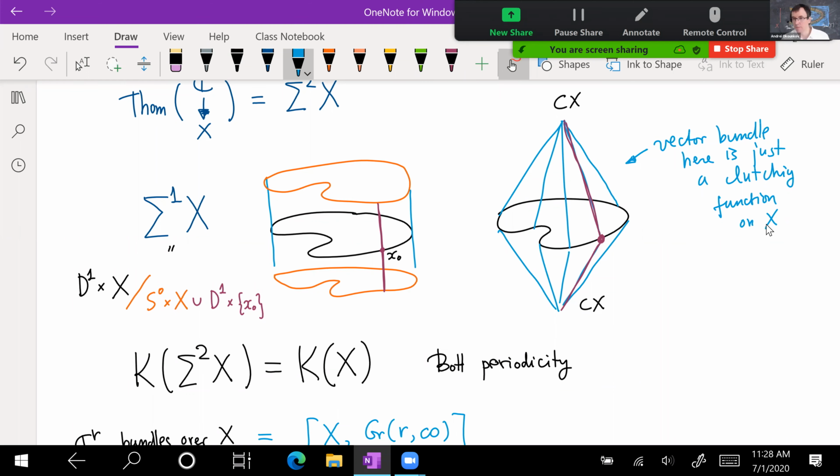Because you have bundles on two cones, and so you can trivialize it on each part of a cone, and then as you glue them, you get a transition function.